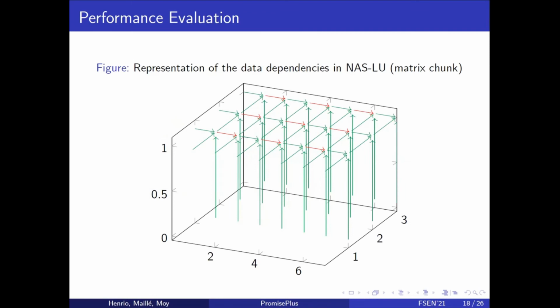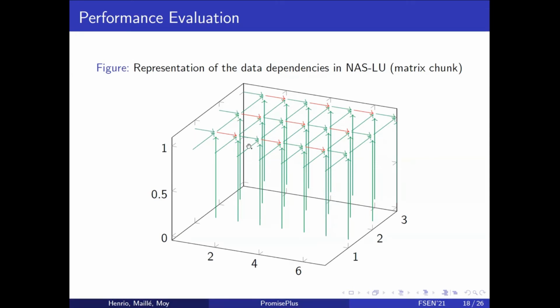So here we have a graph representing the dependencies on a slice of the matrix, viewed as a 3D matrix. Basically, the idea of the algorithm is that you slice the matrix along these lines, right here, and you have a thread that will work on a slice.